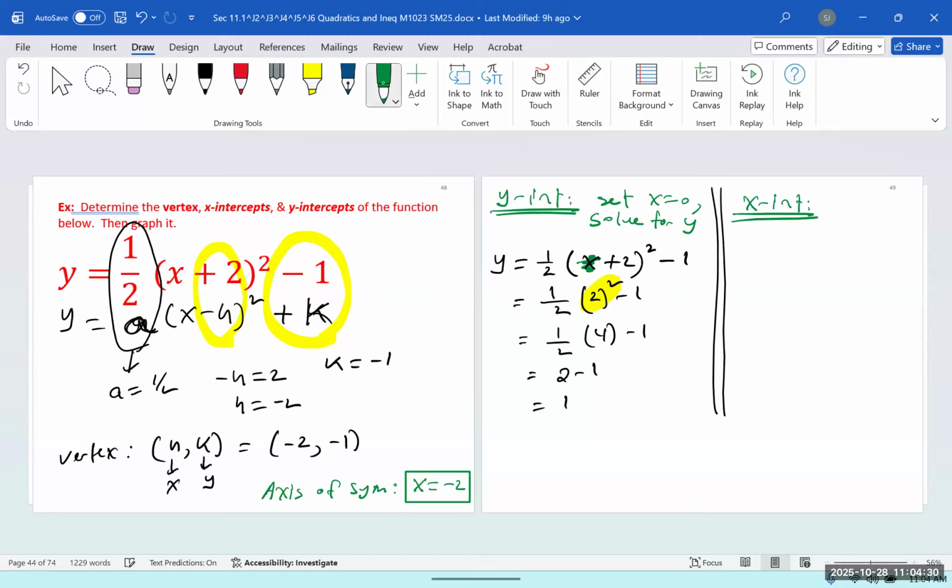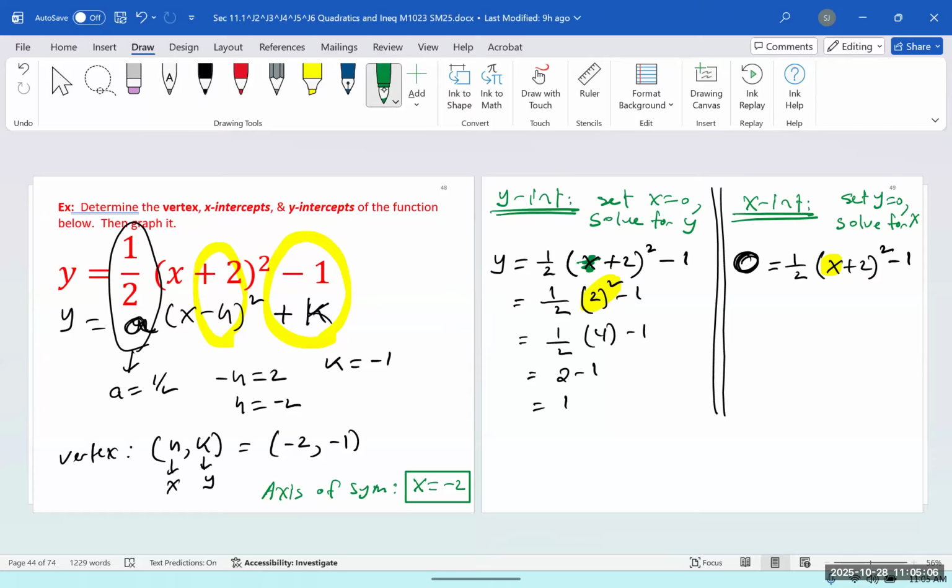X-intercept. To find the x-intercept, we set y to 0 and we solve for x. So 0 equals 1/2 (x plus 2) squared minus 1. We want to get this x alone, so we have to get rid of everything around the x. Which one do we get rid of first? The half, the plus 2, the square, or the minus 1?